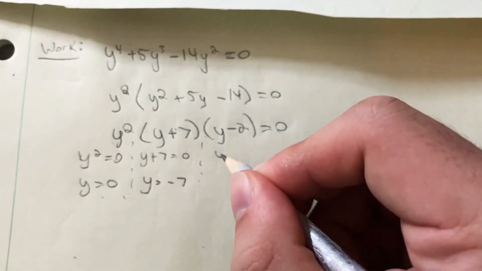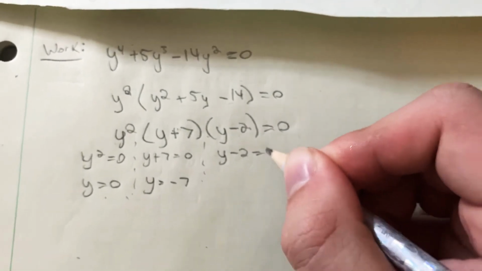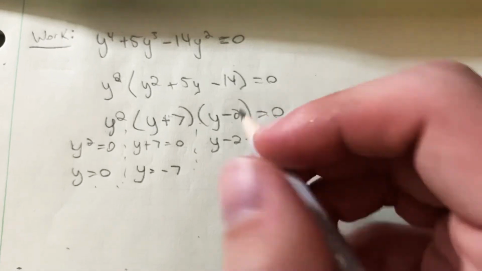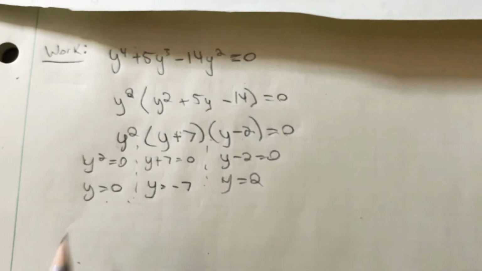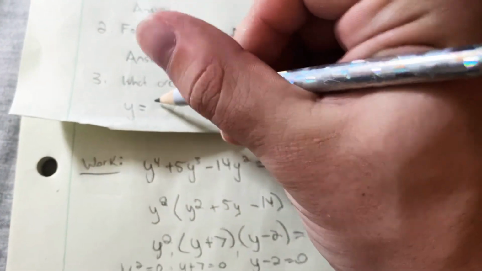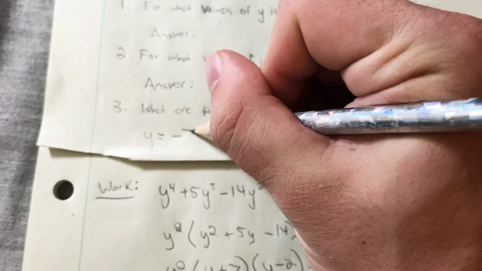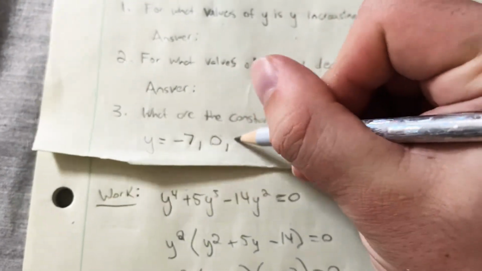And for this one, we get y minus 2 equals 0, and when you add the 2 over, you get y equals 2. So these are your constant solutions. Coming back up here, we write negative 7, 0, and 2 for our constant solutions.